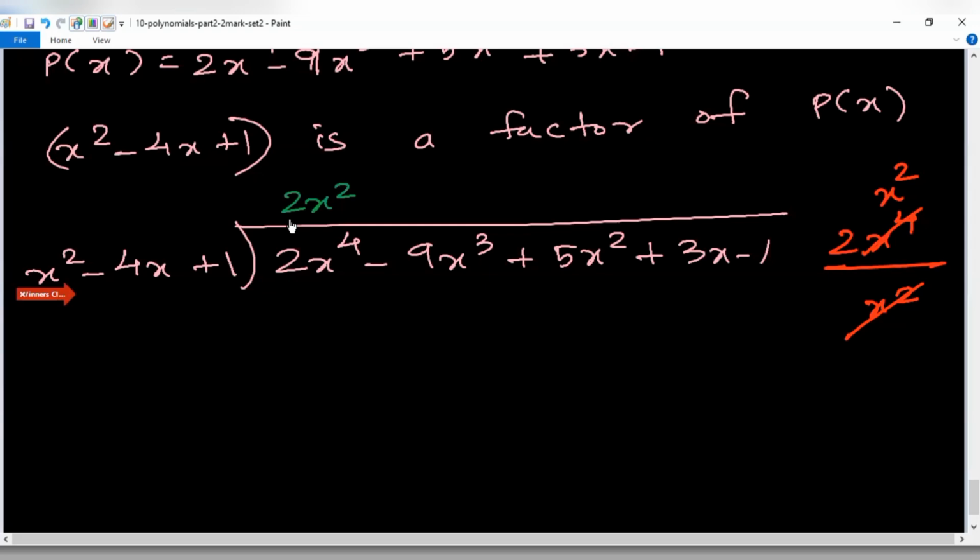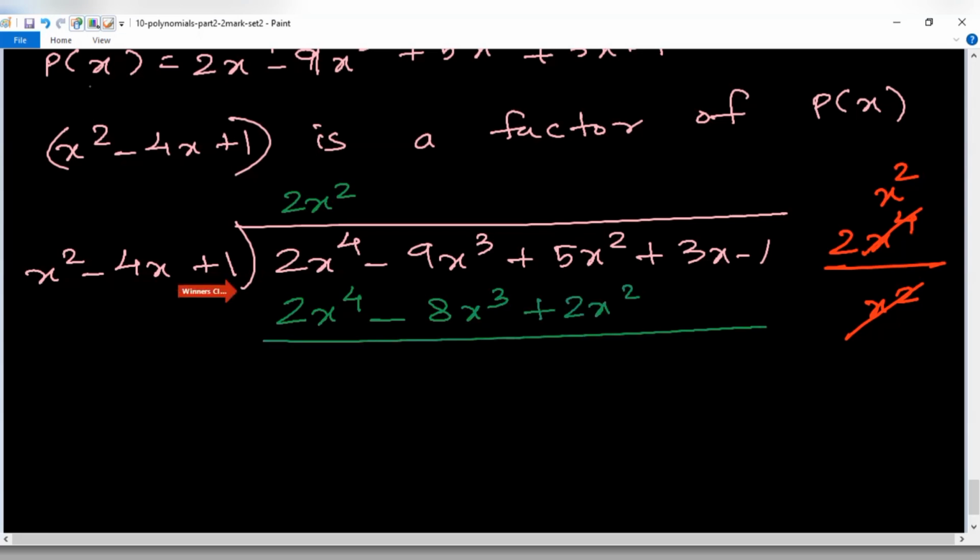So 2x square into x square is 2x raised to 4, 2x square into minus 4x is minus 8x cube, and 2x square into 1 is plus 2x square.